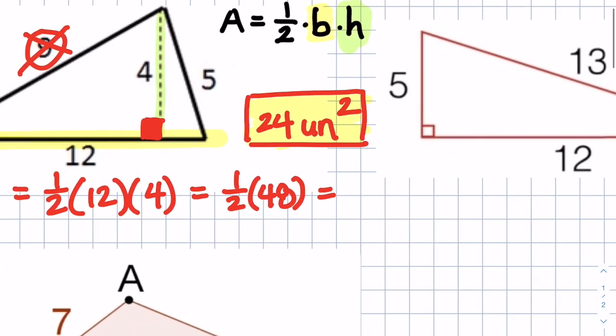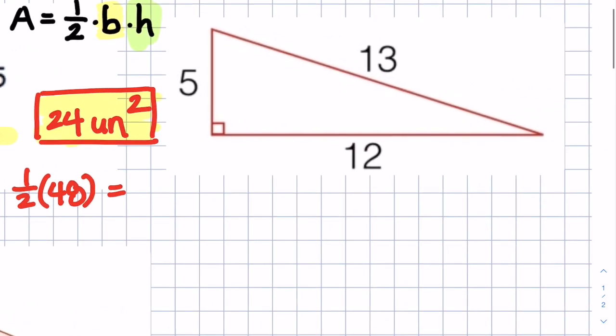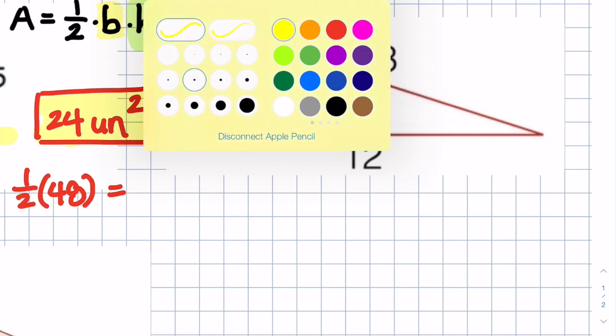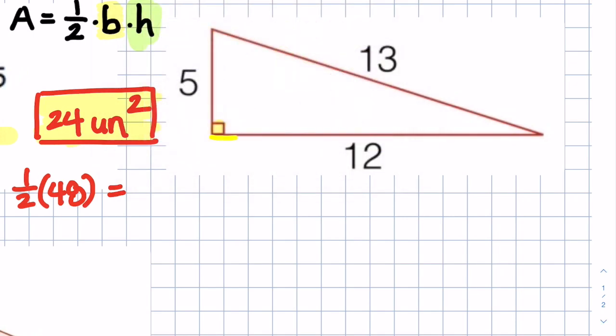Okay, so that would be the area of that specific triangle. Now specifically with regard to right triangles, we know it's a right triangle because we see the obvious little right angle there. And again, we would figure out where is the base, where is the height. So again, base is usually the one either touching the ground or in the orientation that is flat.